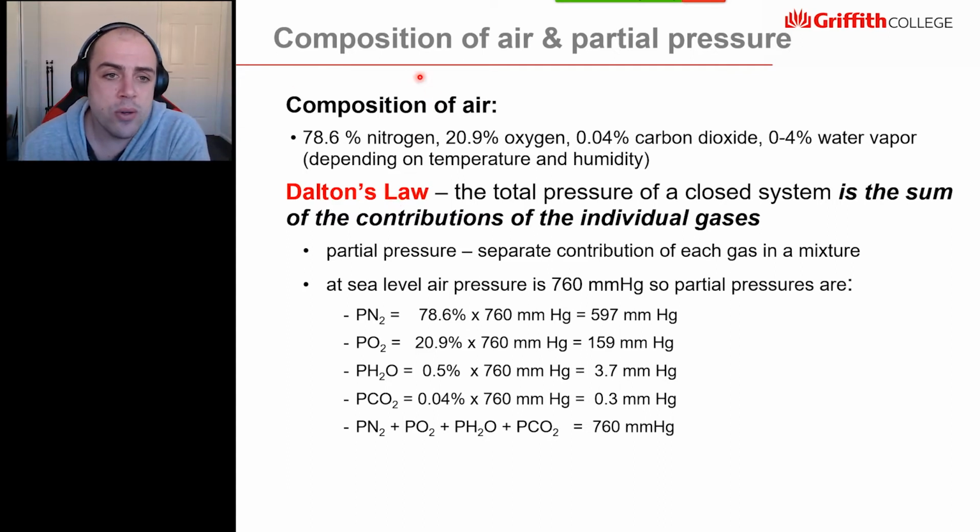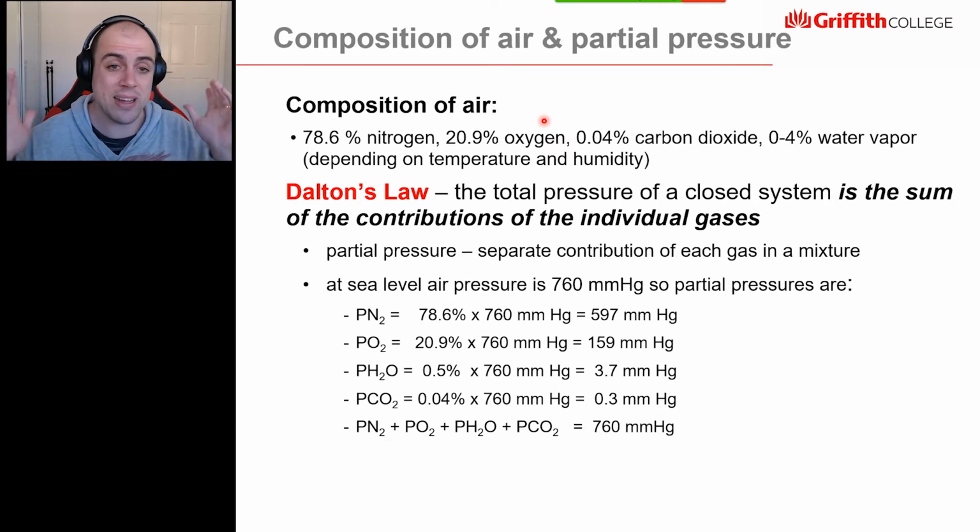So for instance, with our composition of air, 78.6% is nitrogen, 20.9% is oxygen, and so on. Don't bother learning these numbers, by the way. It obviously depends on where you are in the world or even your surroundings.